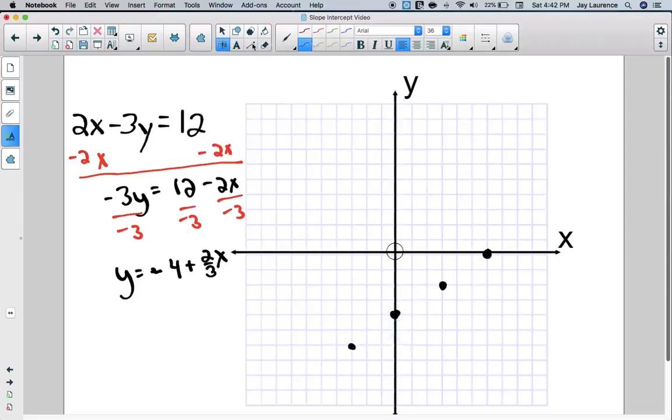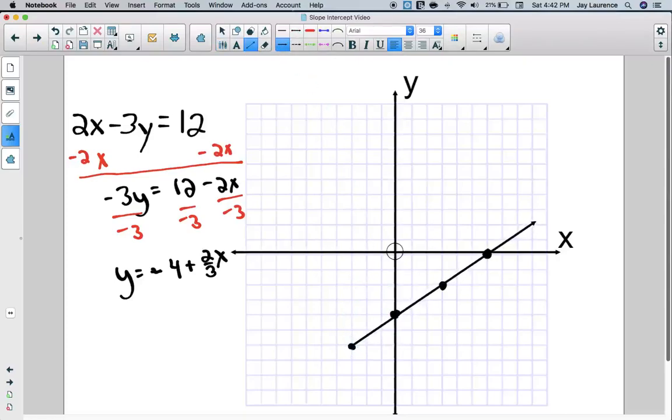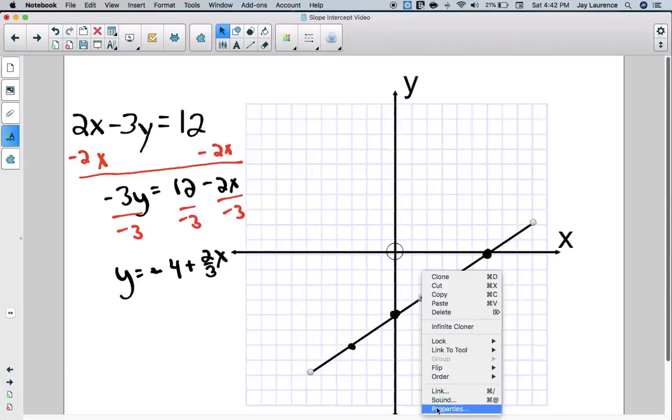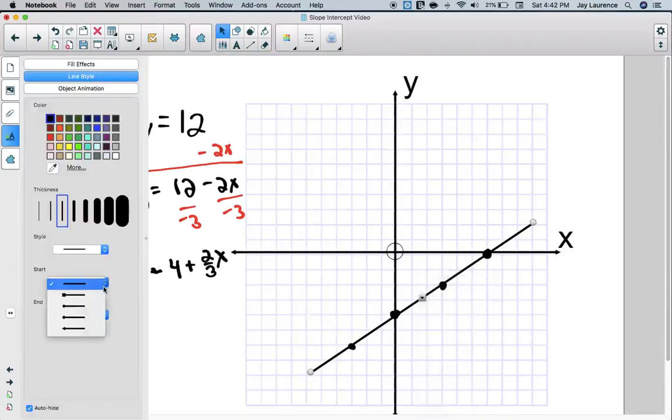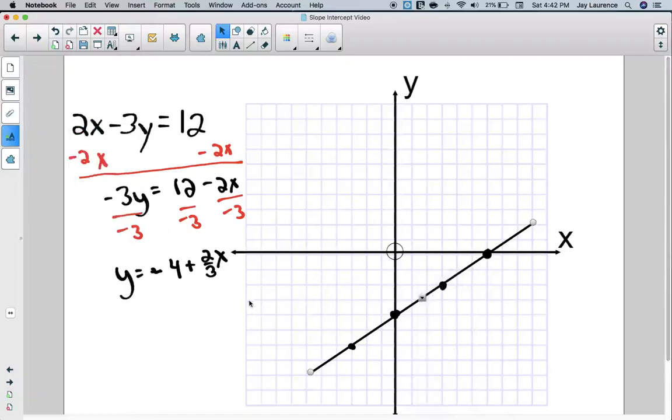All right, I've got my points, and now I can draw my line. There we go. Get my arrowhead on there. There you go. That is slope-intercept form.